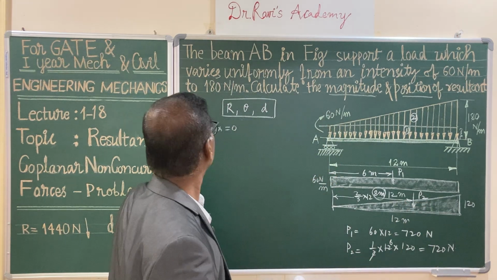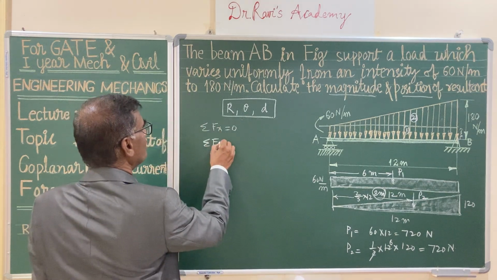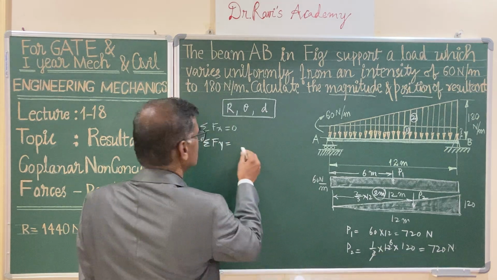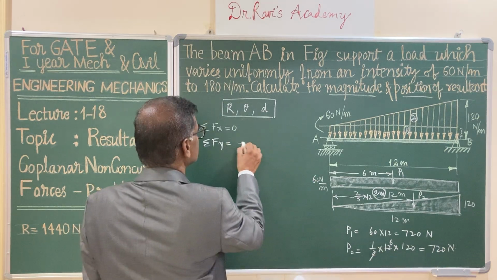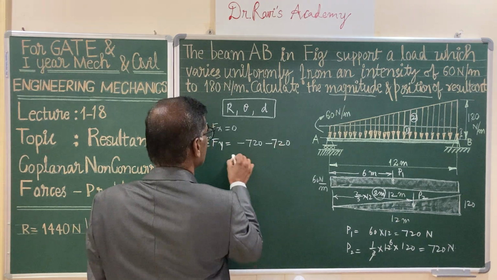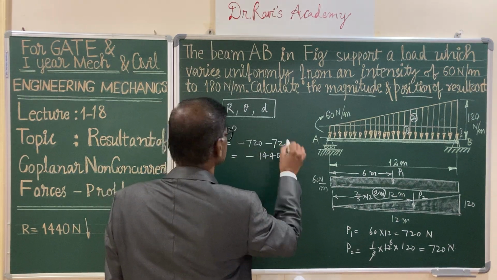Now you can calculate sigma Fy. Both the loads are equal and downwards, so sigma Fy is minus 720 minus 720, which becomes minus 1440 newtons.